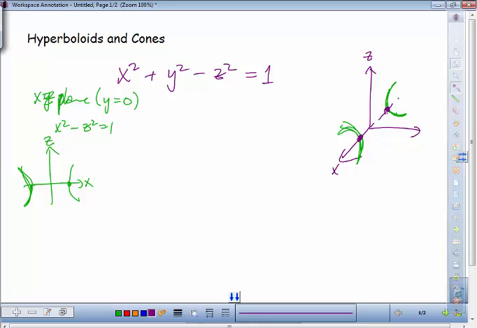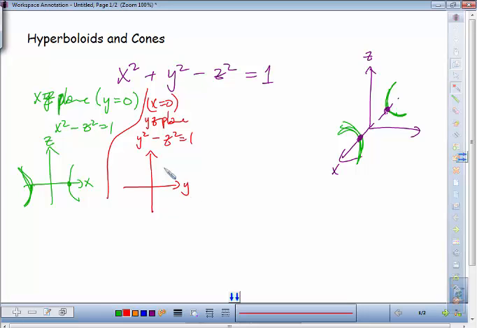Now let's see what happens when x is equal to 0. For that, I'll be looking at the yz plane. When x is equal to 0, I have y squared minus z squared equals 1. It's almost the same scenario, except I'll change my axes.